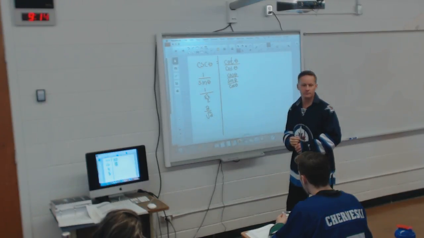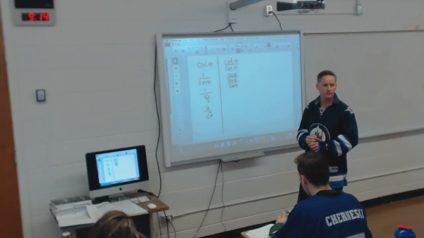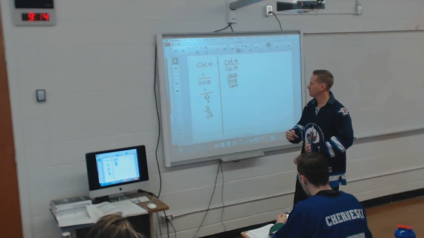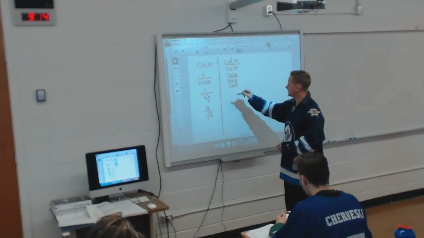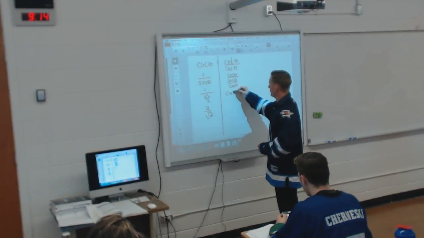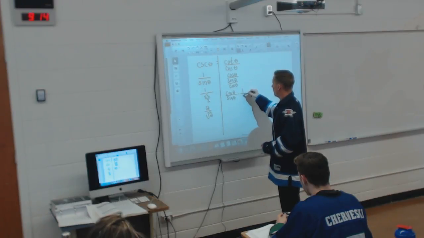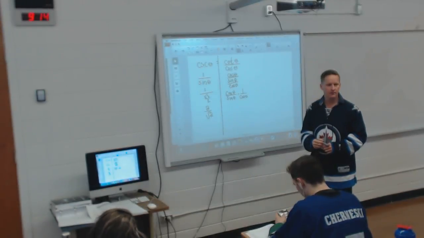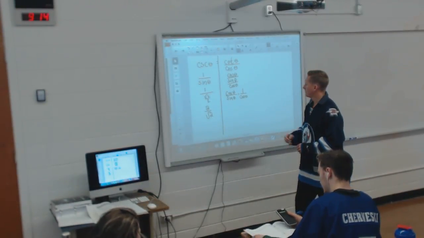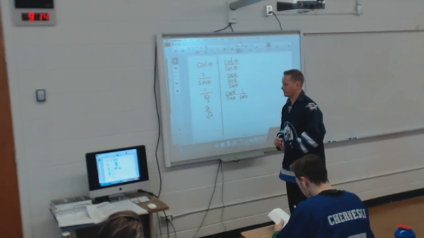Agreed? Here's my cotan, and then I've still got my cos here. So that's the same as saying cos theta over sine theta times 1 over cos theta.